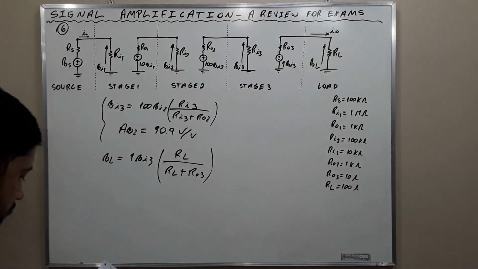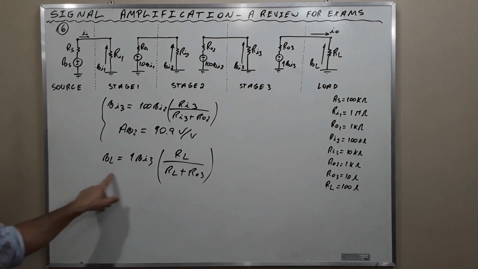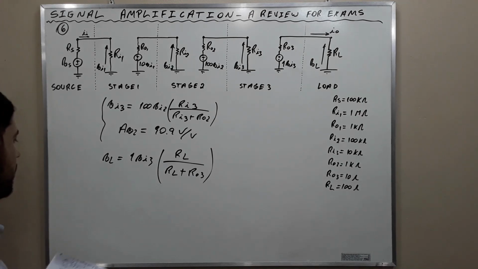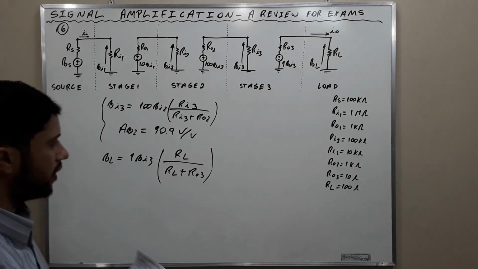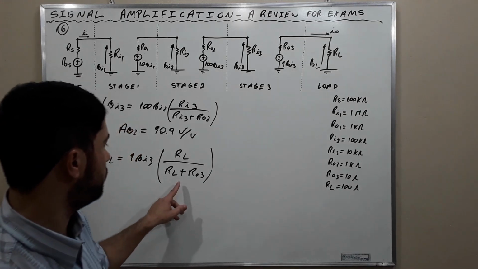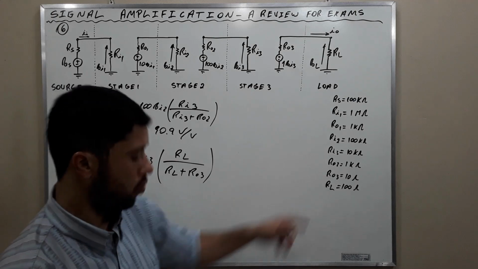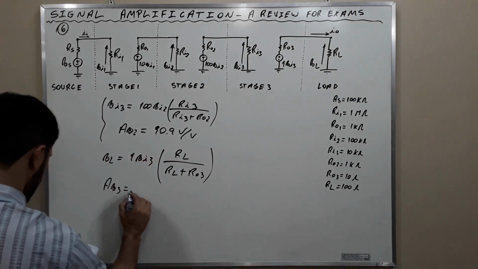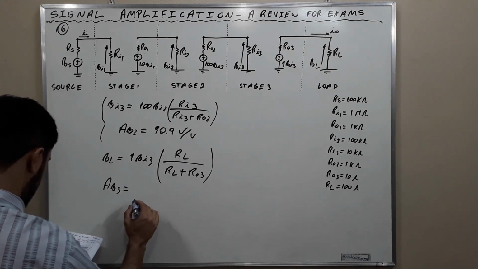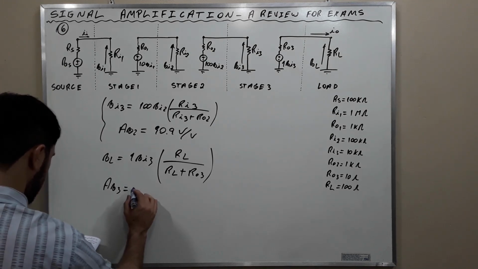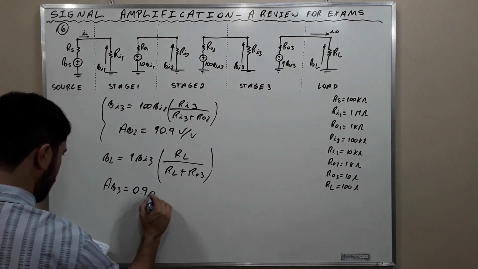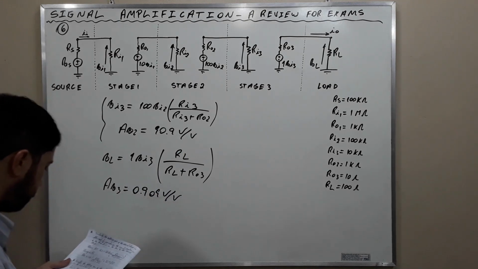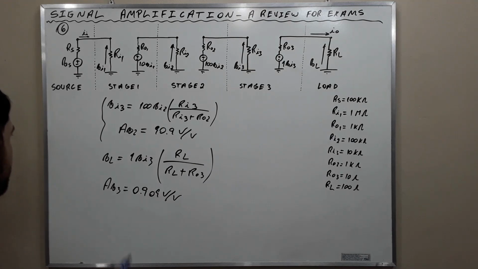Okay, and we pass this below here, and we use the values. RL is 100 ohms and RO3 is 10 ohms, and in this way we find that the voltage gain of the third stage is equal to, again, attenuation, 0.909 volts per volt. Okay, this is the voltage gain of the third stage.